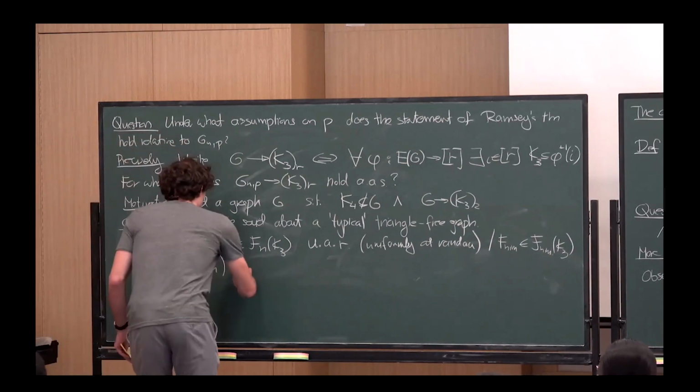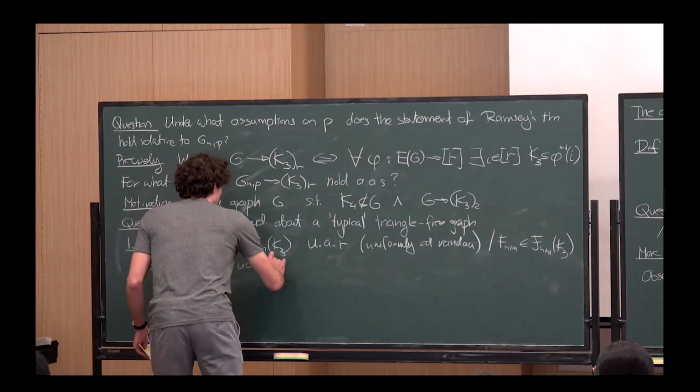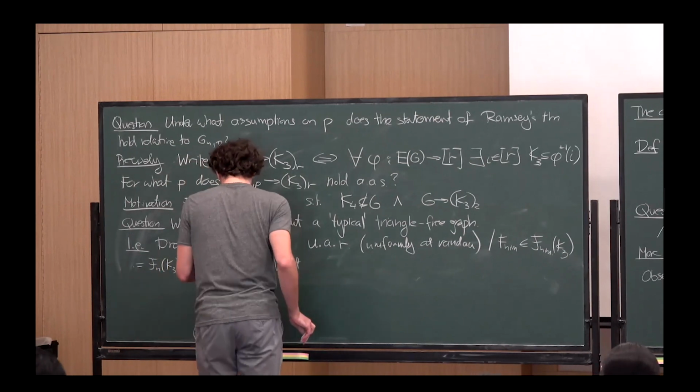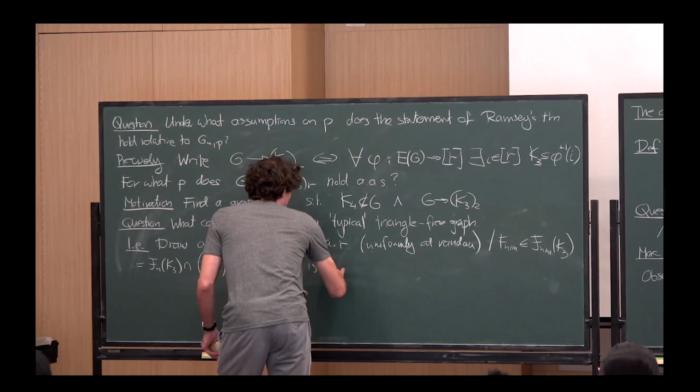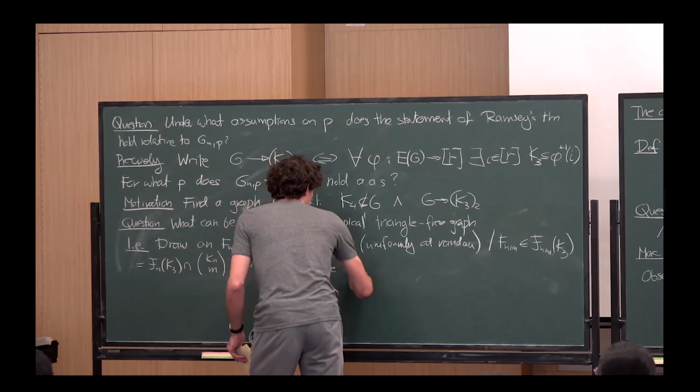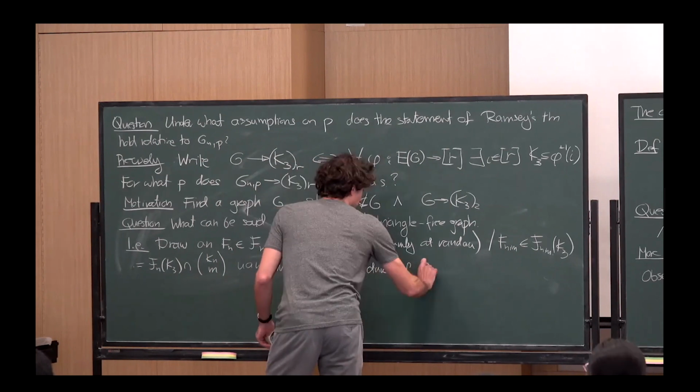What is the structure of this F_n or of F(n,m)?